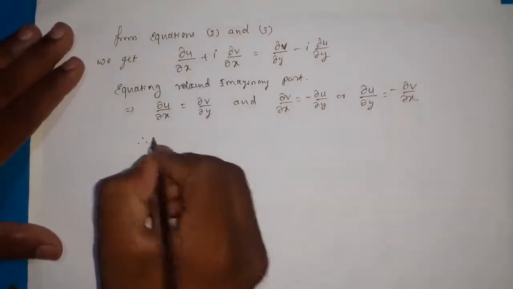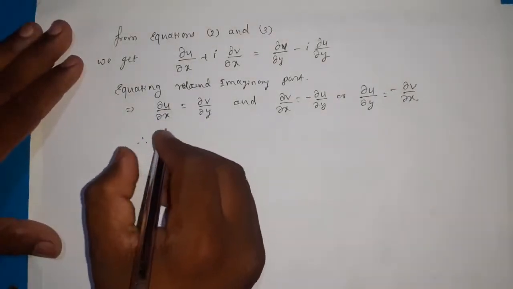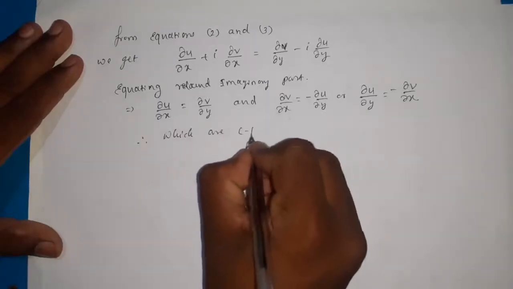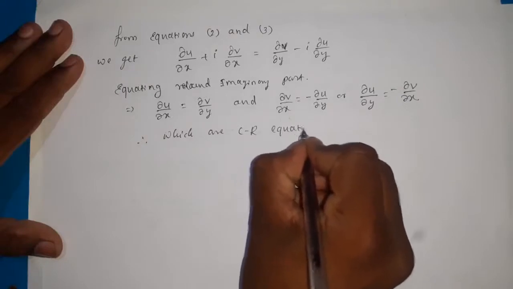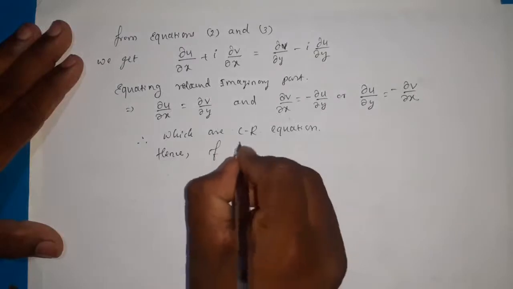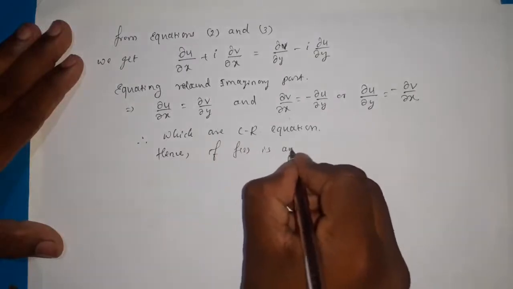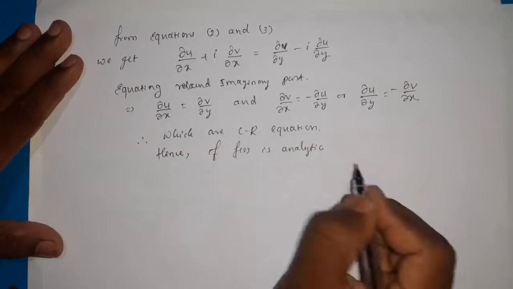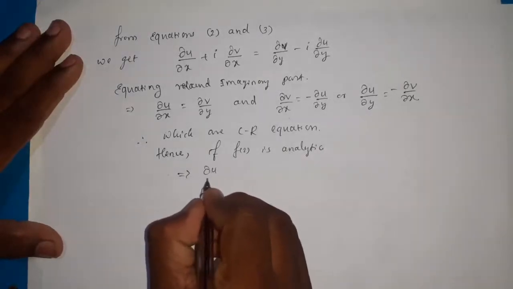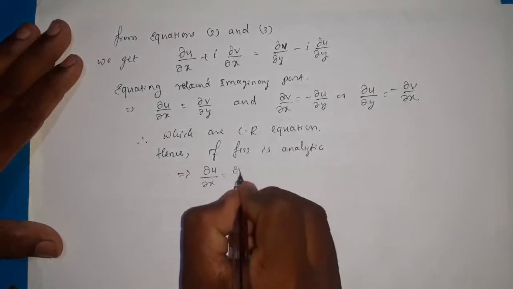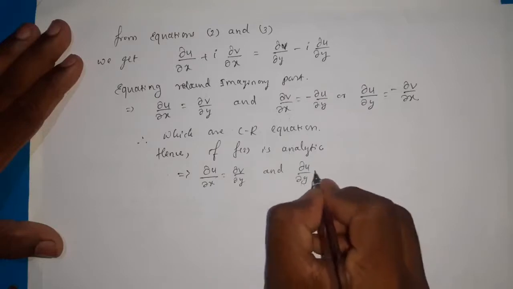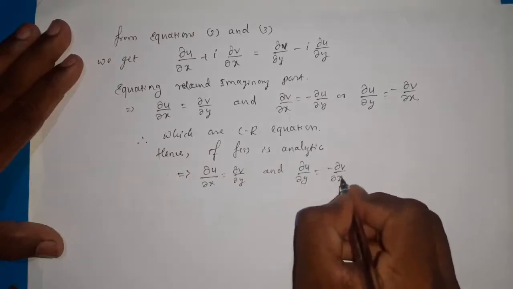Hence, if f of z is analytic, it implies that dou u by dou x is equal to dou v by dou y, and dou u by dou y is equal to minus dou v by dou x.